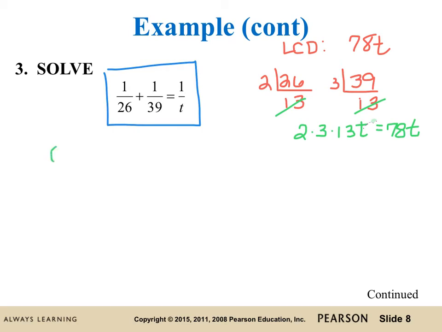So our LCD is 2 times 3 times 13 times t, and we're going to multiply that by our first fraction, which is 1 over 26, and 26 is 2 times 13.